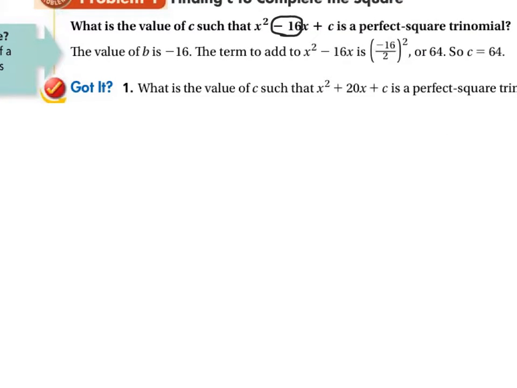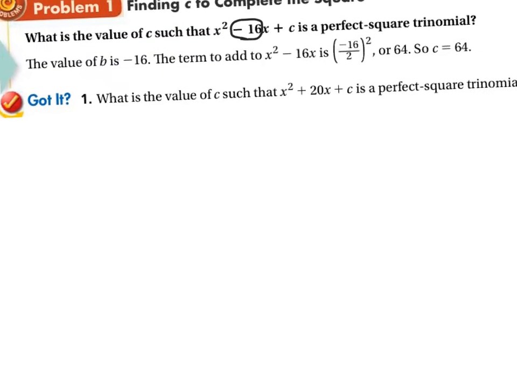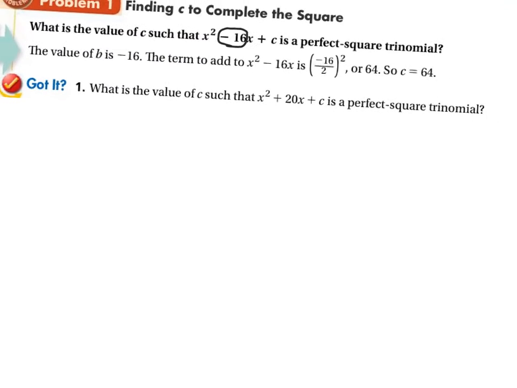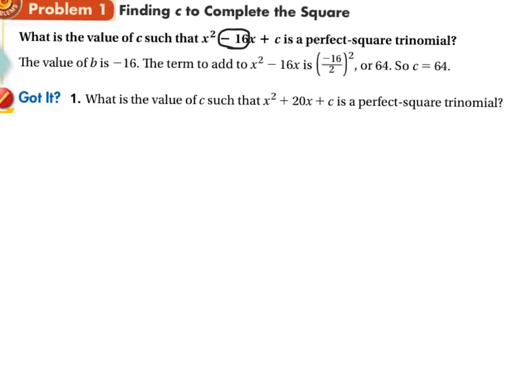So if you look at the got it 1, what is the value of c such that x squared plus 20x plus c is a perfect square trinomial?